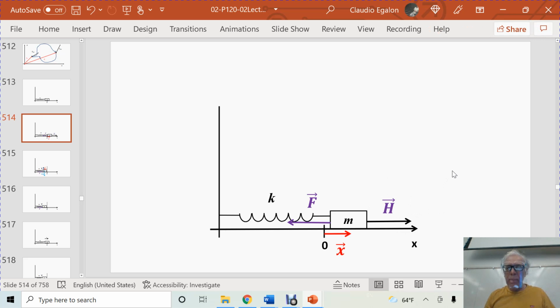My hand is doing positive work on this mass. But in the process, the spring is resisting my work. What does it mean? It means that the spring is doing negative work. Can you picture that? That's why I got a negative value there for the work.